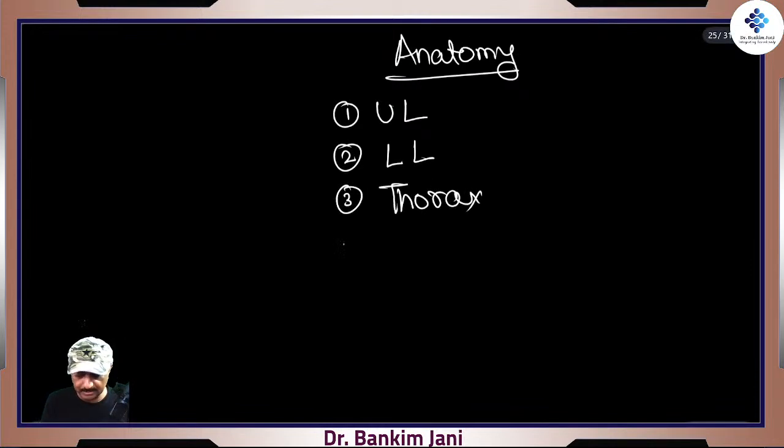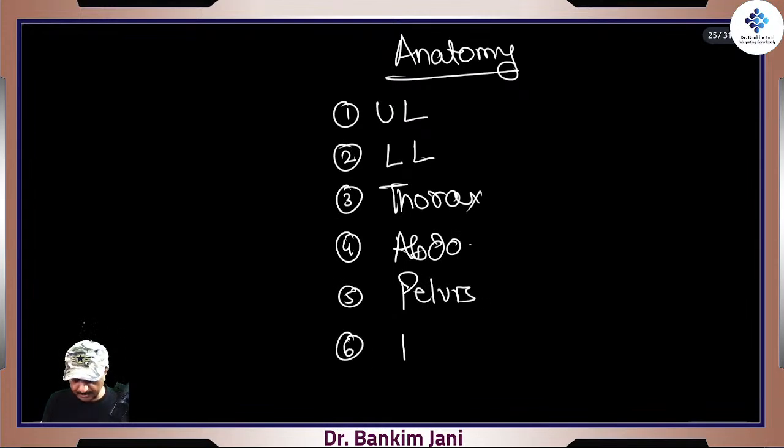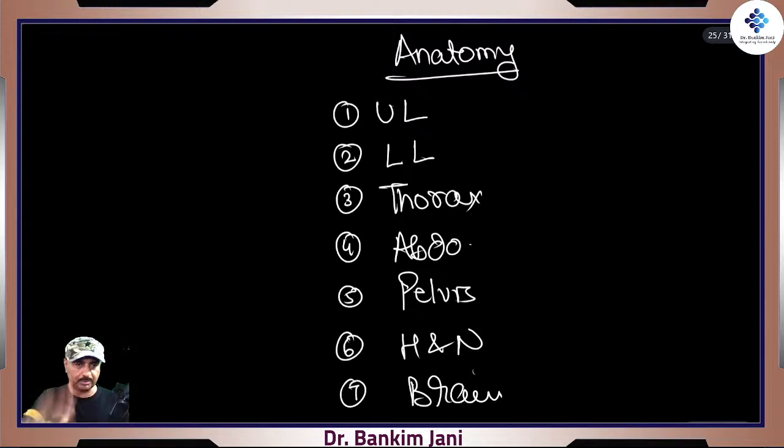Then the abdomen, obviously abdo-pelvis, so pelvis would always come after that. Then the head and neck, and finally the brain. Under no circumstances this order should be changed. At the most you can do this.